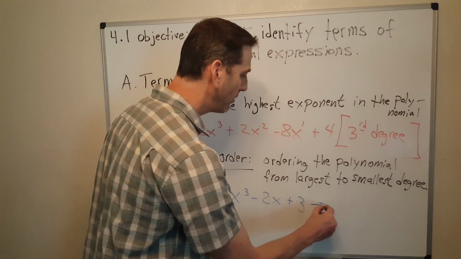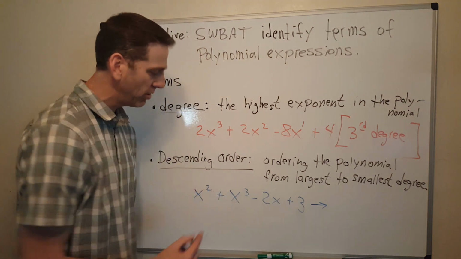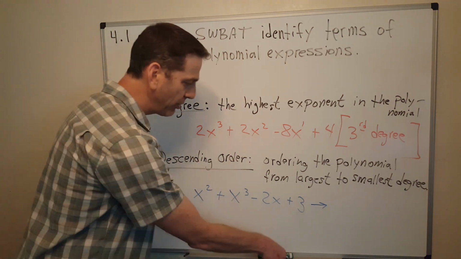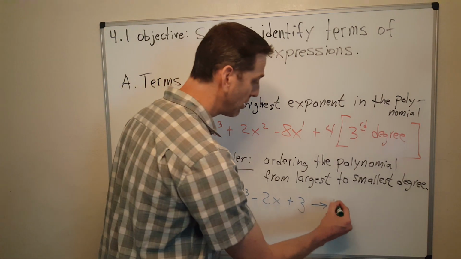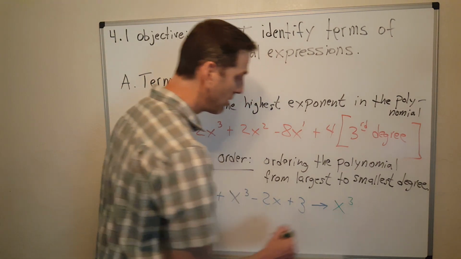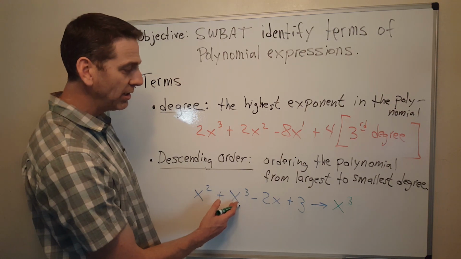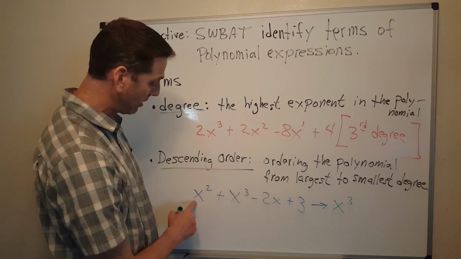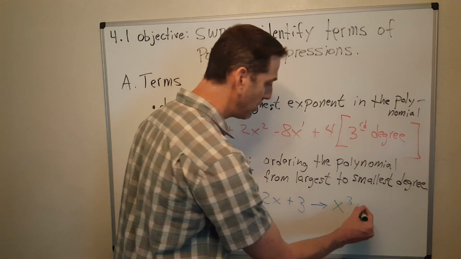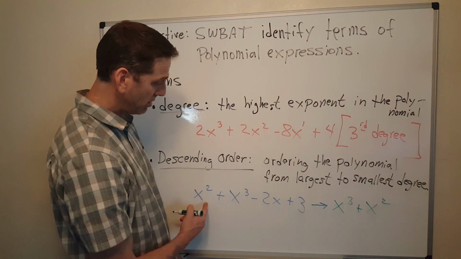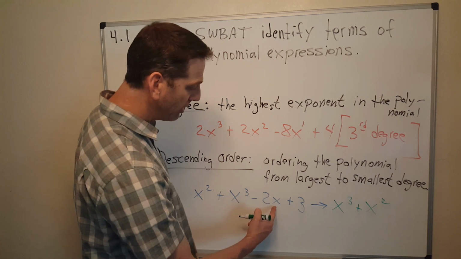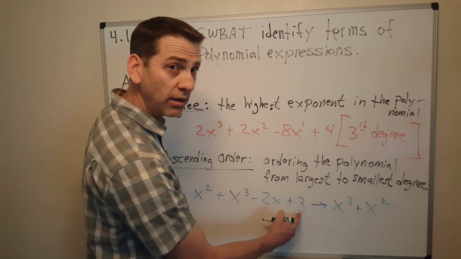So we're just going to put this in descending order, and it would look something like this. I put my highest degree first. My second largest is going to be this one right here, plus x squared. What's my next one? What's a higher degree, 2x or 3?